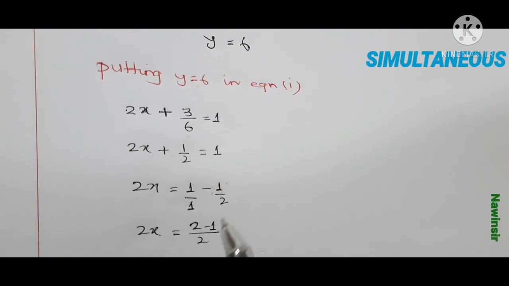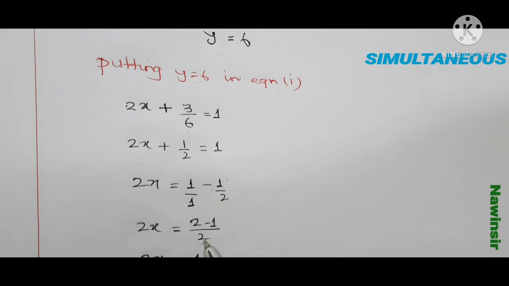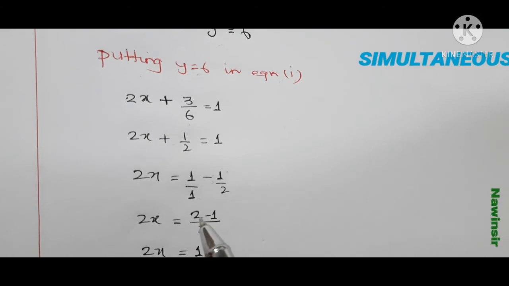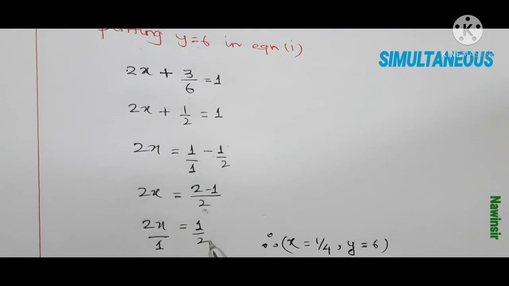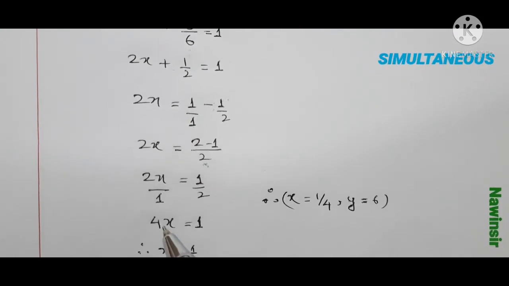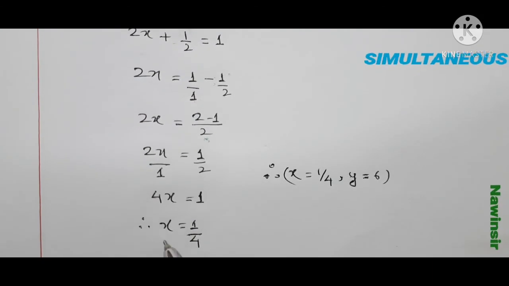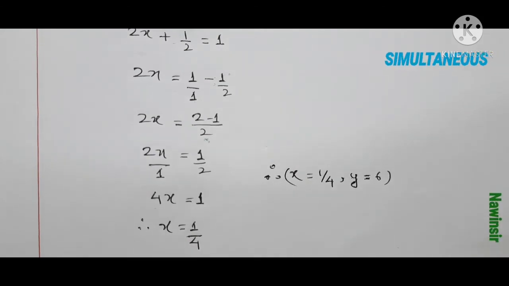Alright, so 1 and 2 को LCM 2 हुन्छ. 1 divides 2 two times, 1 2s are 2, then 2 1s are 2, 2 divides 2 one time, 1 1s are 1, 2 minus 1 is 1. Right, then is equal to 1, by cross multiply, 2 2s are 4x is equal to 1. Then you bring this 4 down, so x is equal to 1 by 4. Don't write x is equal to 4. Okay, this has to come down. So x is equal to 1 by 4 and y is equal to 6 we have as our answer.